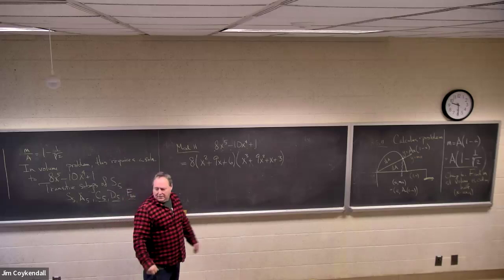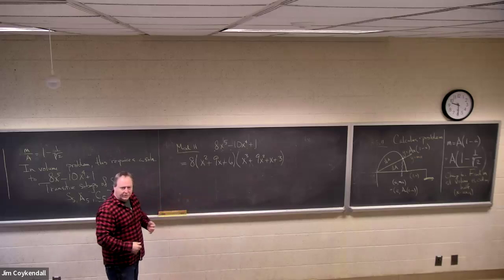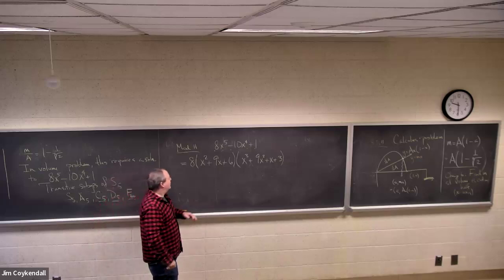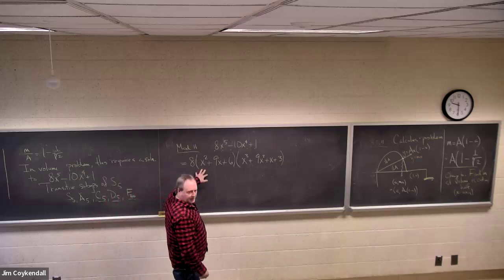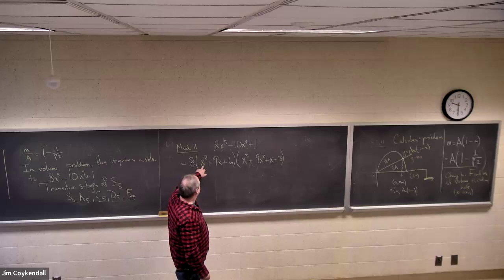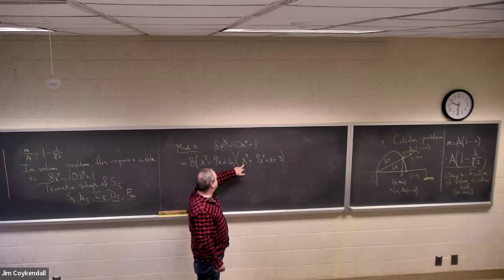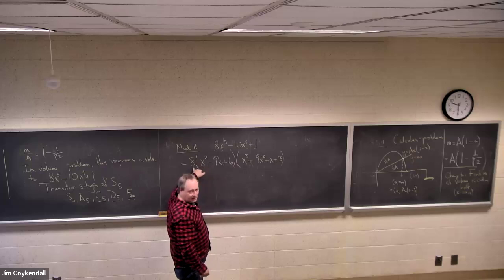Let's actually check the details and make sure the coefficients are right. x squared times x cubed is x to the 5th times 8. Got that.